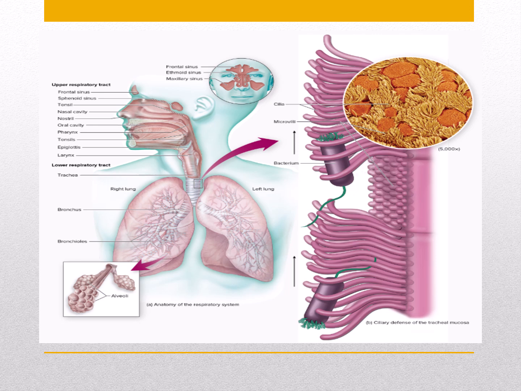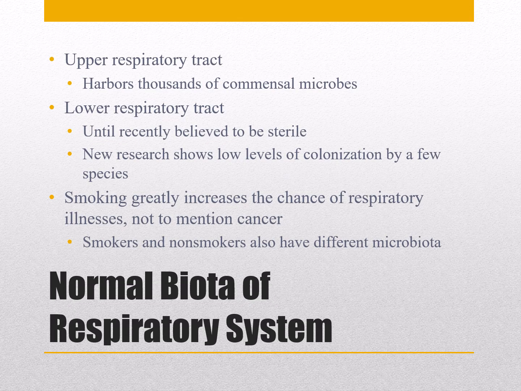Now, we do run into a few problems when it comes to cilia if you have certain habits. Those habits include smoking. If you smoke cigarettes or cigars or whatever, then you paralyze those cilia so they can't perform their function, and you have a higher risk of getting microbes into your lungs and therefore getting different respiratory diseases.